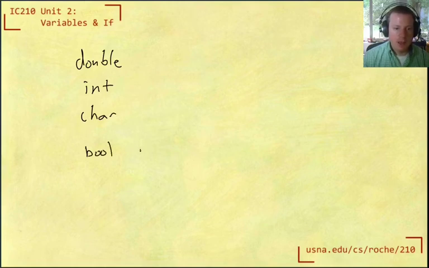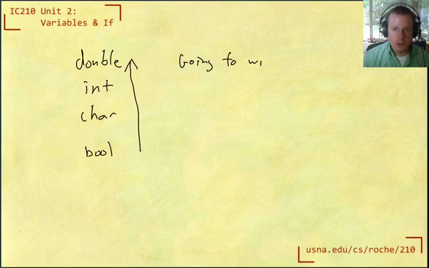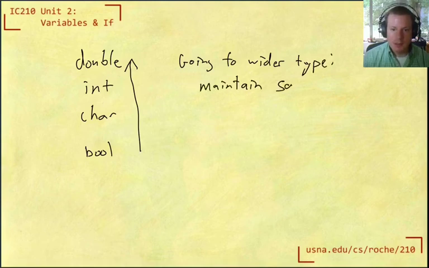So in this direction, going from a narrower type to a wider type, it's just going to maintain the same value.